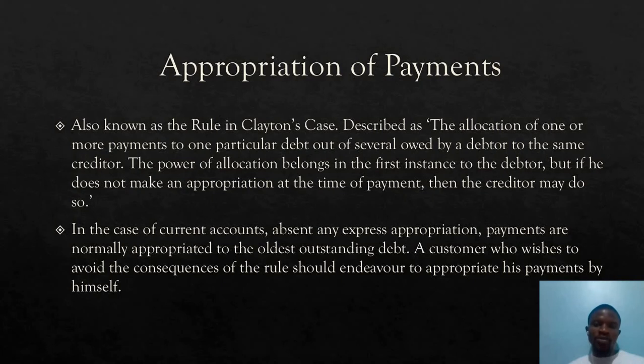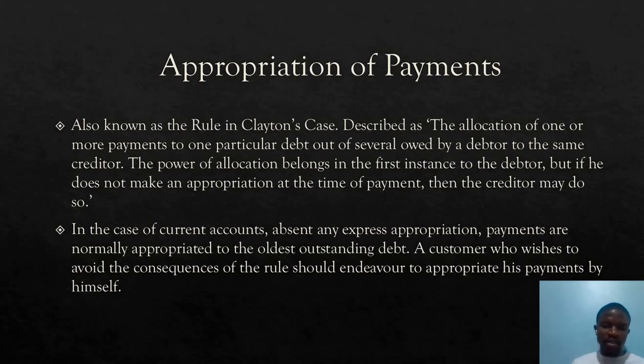So your 500,000 naira loan is now remaining 300,000, and then they sell your car because your loan is due on this first payment. Now, it is for the wise debtor to come to the bank and communicate exactly which particular facility he's trying to pay that money into. Otherwise, the bank decides which ledger.